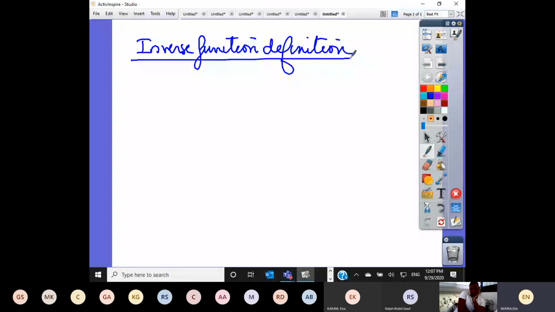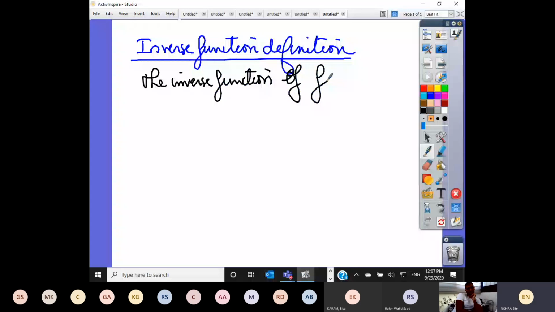Now, for the definition, the inverse function of f is written f minus 1. This minus 1 is not an exponent, it's a writing. The f, the minus and the 1 are one block. It's the same block, everything, f minus 1. It's not exponent, it's not 1 over f, never.